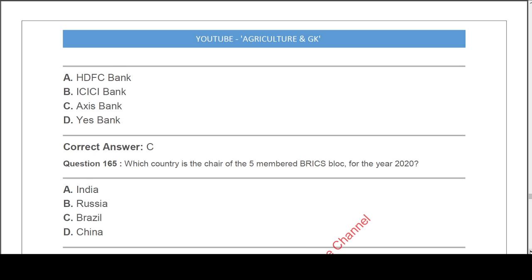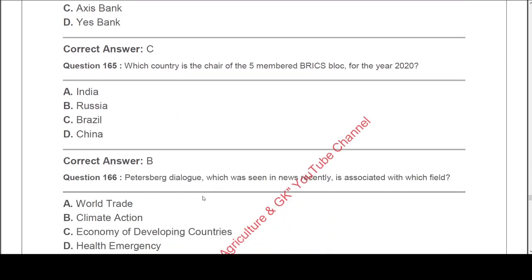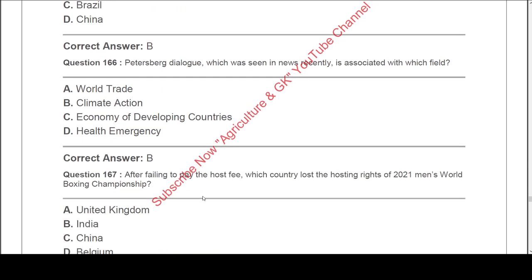It is option C, Axis Bank. Which country is the chair of the 5-member BRICS bloc for the year 2020? It is Russia. Option B. Petersburg Dialogue, which was seen in the news recently, is associated with which field? It is climate action. Option B.